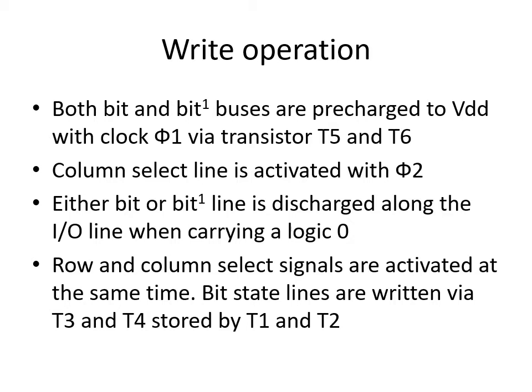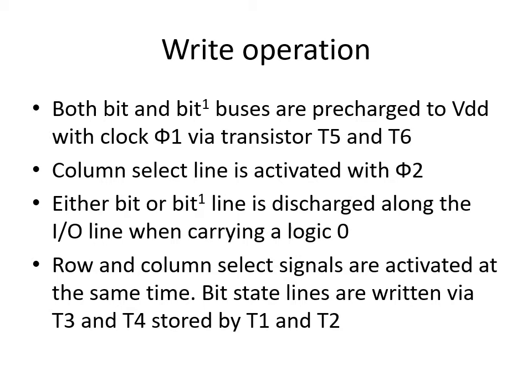So IO and IO bar carry the data, both the input lines are present. So through one, logic 1 will be sent, and through the other, logic 0 will be sent. So based on the data, whichever carries logic 0 will pull down the bit line to logic 0. That is how 0 is present. Okay, so here both the row and column select lines are activated at the same time.